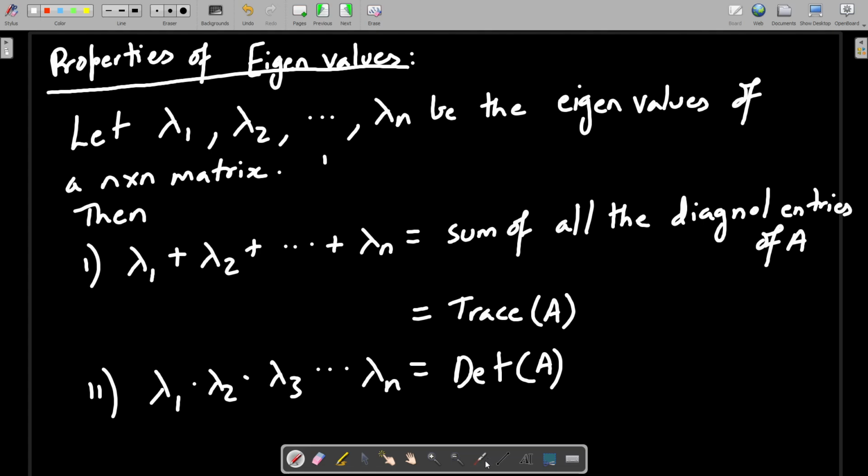Okay, so the sum is equal to the trace and the product is equal to the determinant.